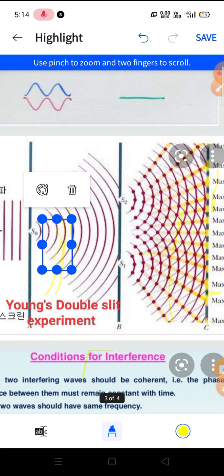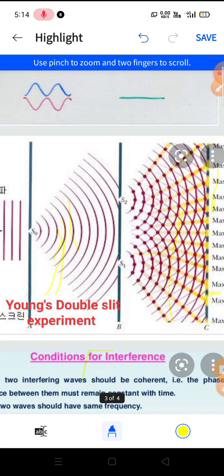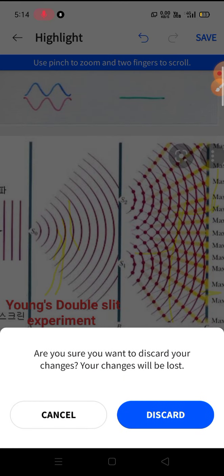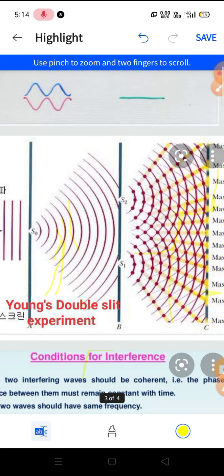Otherwise, the resultant displacement at any point will vary with time, and no sustainable interference pattern is formed. If you check this figure, we can observe two sources having waves of the same wavelength or frequency.